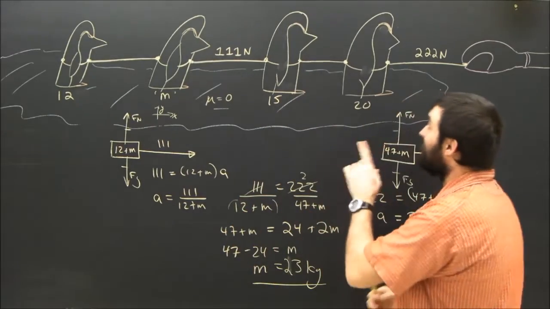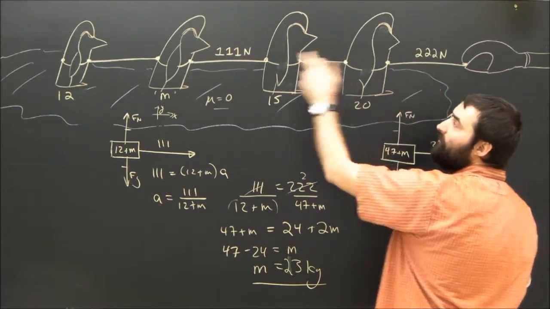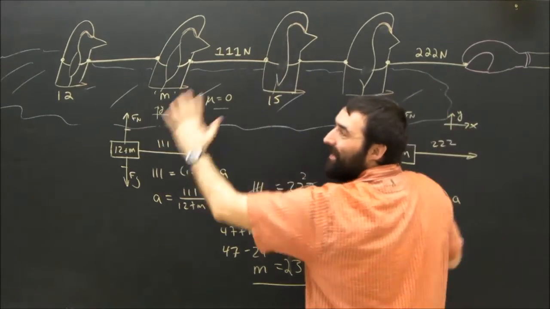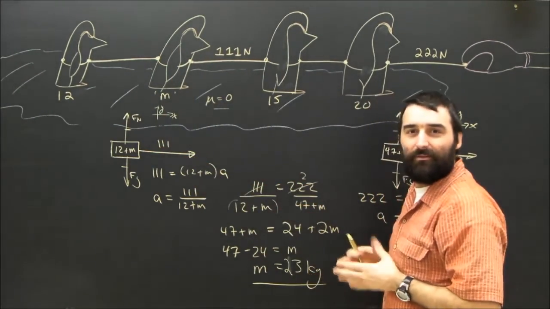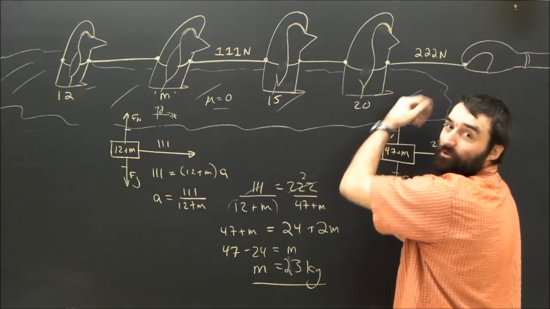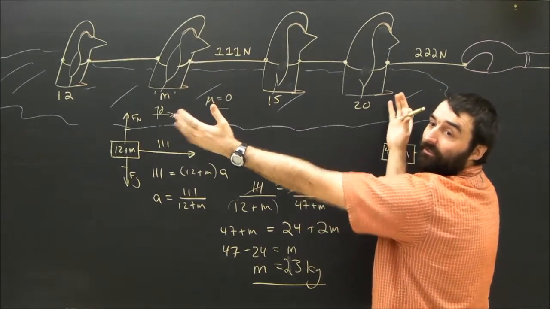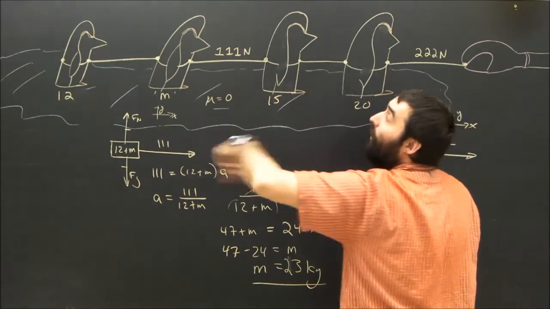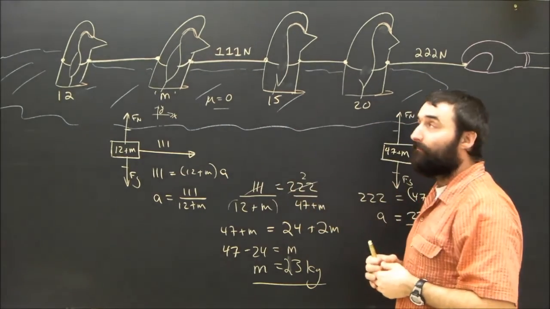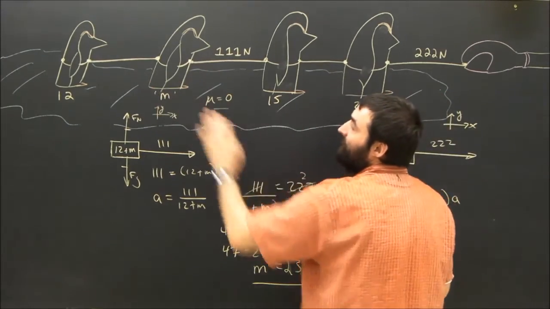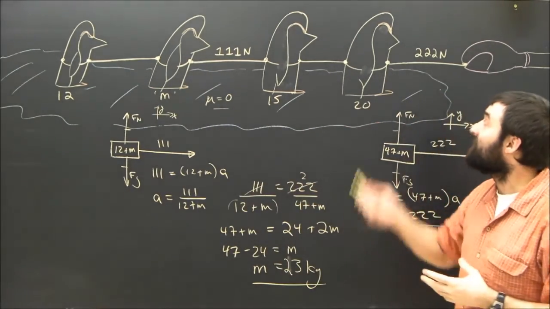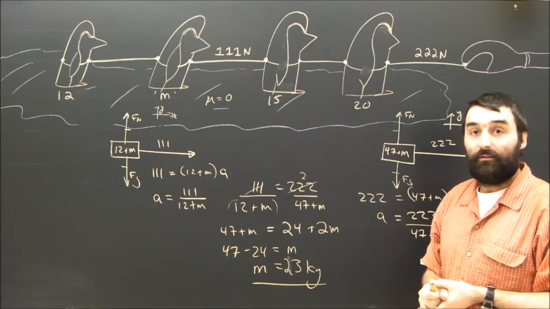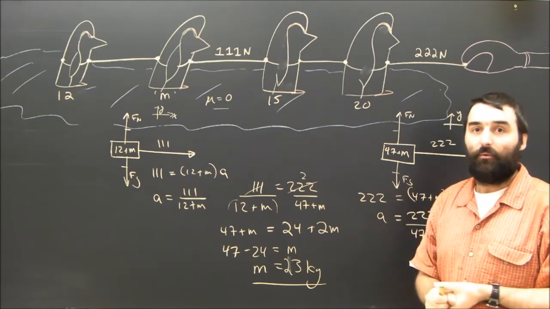No, it's not, and that's why some students recognize that. 222, 111. If this force is half this force, then half the mass must be in the back half of the train. Does that make sense? Double the force is required to keep the whole thing accelerating at the same rate. So half the mass must be in the front and half of it must be in the back. So some kids can just look at that and say, half the force, half the mass. And say, boom, 35 minus 12 is 23.